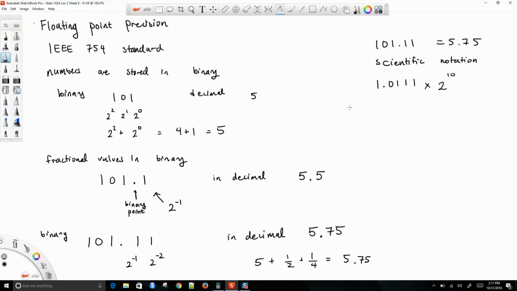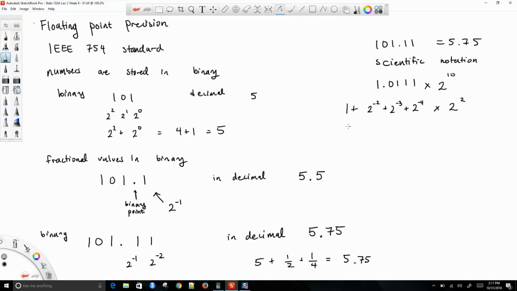This would be 1 plus, and we have 1 times 2 to the negative 2 plus 2 to the negative 3 plus 2 to the negative 4, times 2 to the 2. Is this okay?